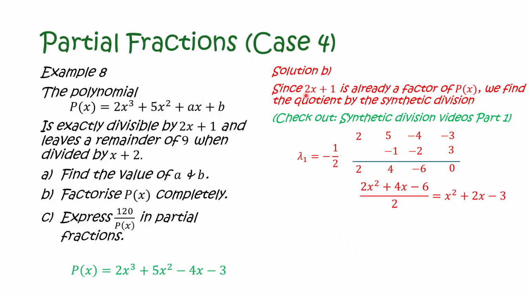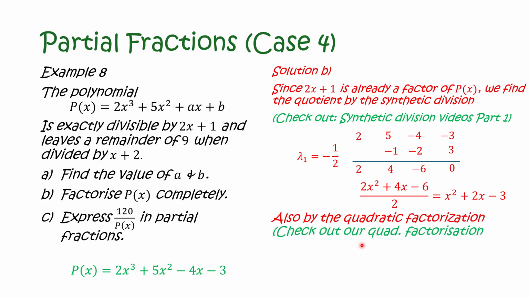That's fine. So in order to get the final answer here, since recall our factor has a coefficient of x which is not equal to 1, we have to divide by that coefficient of x, which is a 2 in this case, so that we get the quotient being x squared plus 2x minus 3.